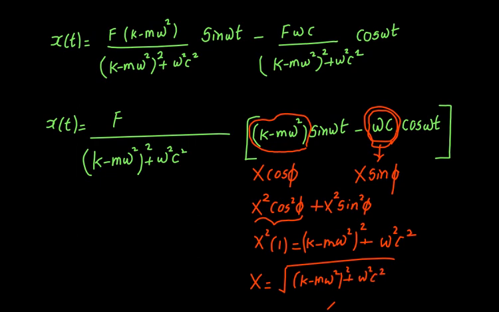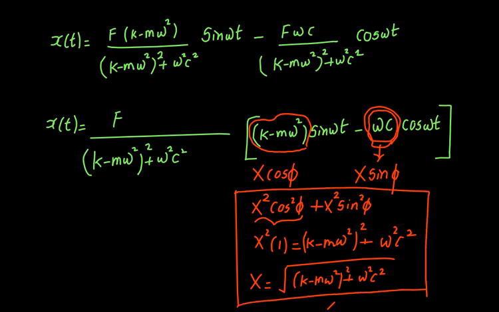Well, this is one side, but keep this at the back of your mind. It will be very useful. But for now, let us replace the solution by the cos phi term and sin phi term. Let us continue the discussion. So x of t is going to be equal to capital F divided by the root of c square omega square plus (k minus m omega square) the whole square.